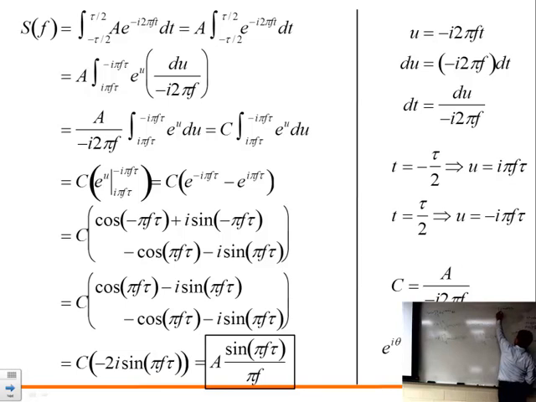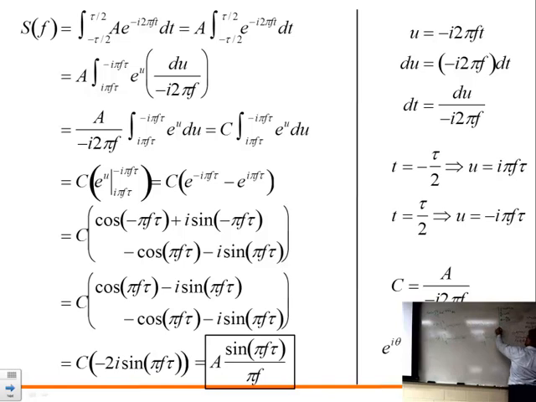So dy over dt, that's the derivative, is just going to be 2 pi f. Solving for dt, we get dt is equal to dy divided by 2 pi f. We're going to do that in both places, but now we have to worry about the limits of integration.